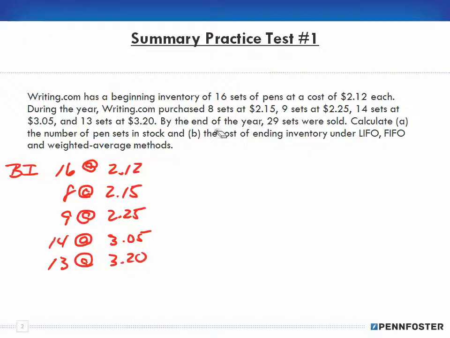Now it says A, calculate the number of pen sets in stock. Well, remember, all of this is what's available for sale. And it tells us that we sold 29. So how many total did we have available for sale?